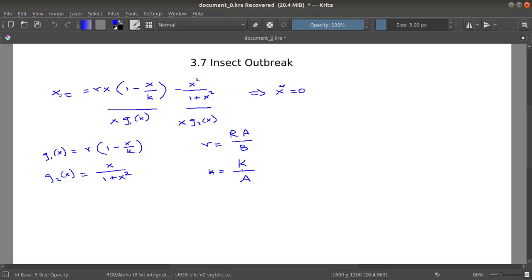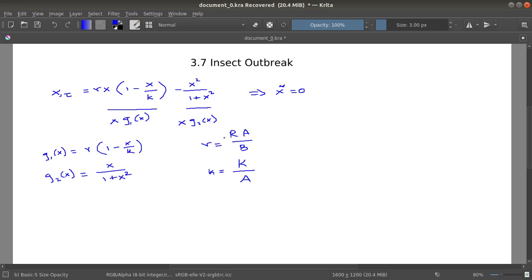Here, if we see this r, that term small r is proportional to the birth rate of that insect, and not only that, it is also proportional to 1 by B. So what is B? B is the saturation value of the reduction of the insects due to the predators, right? So if that decreases, then this value is going to increase.